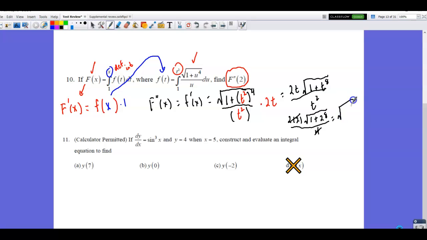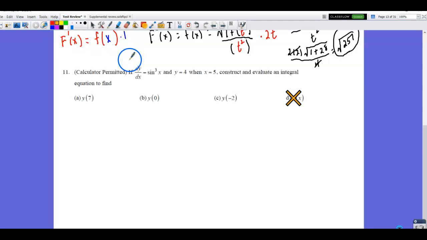So 2 to the 8th power is equal to, let's see, 2 to the 5th, 32, 64, 256. Yes, 256 plus 1 is 257. So the second derivative of big F at 2 is square root 257.